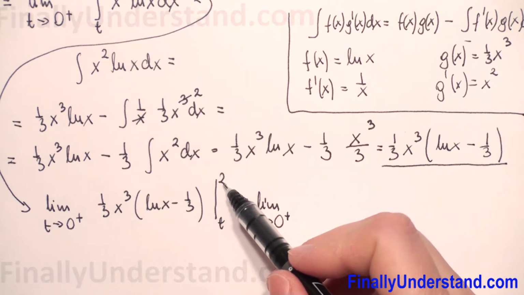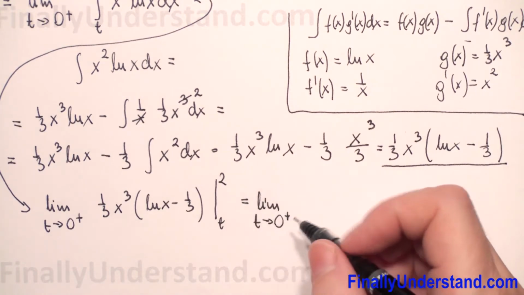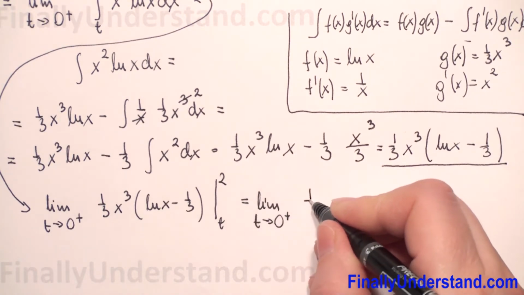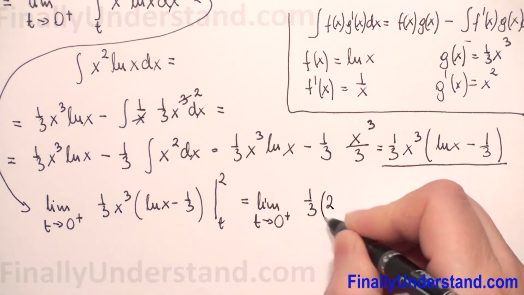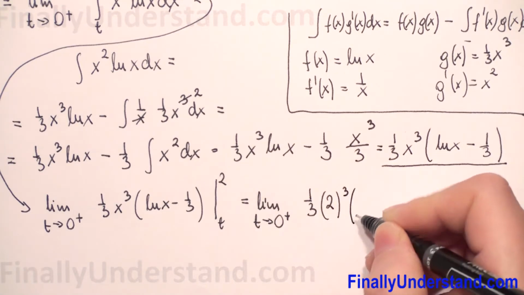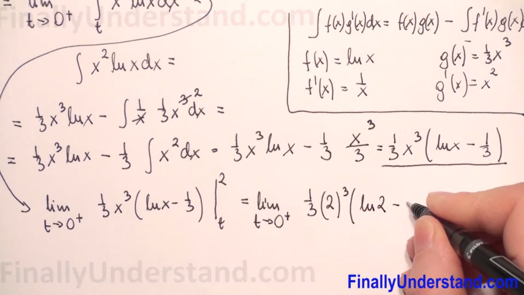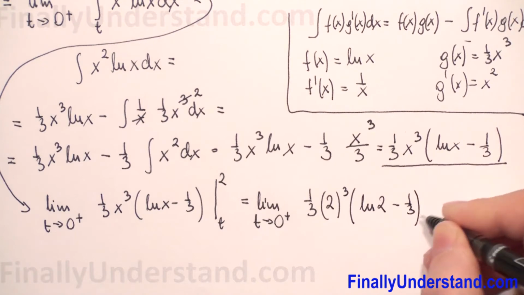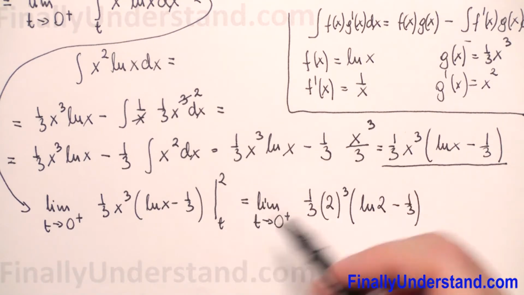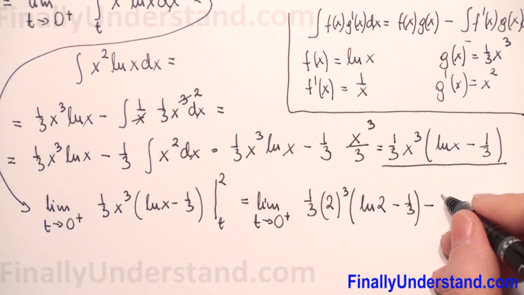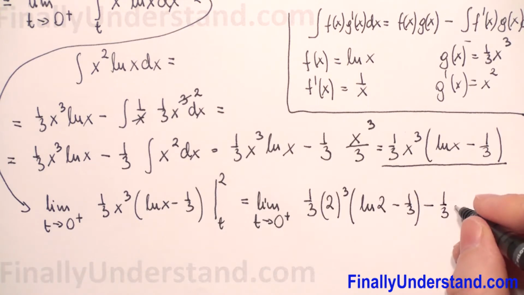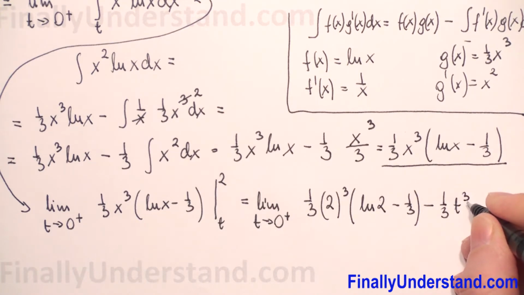And we have to first plug 2. So it will be 1/3 2 to third power, and in parentheses we will have natural logarithm of 2 minus 1/3, and now we have to plug lower limit, so it will be minus 1/3 t cubed, and in parentheses we will have natural logarithm of t minus 1/3.